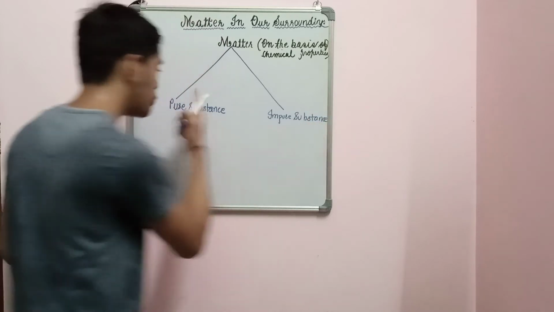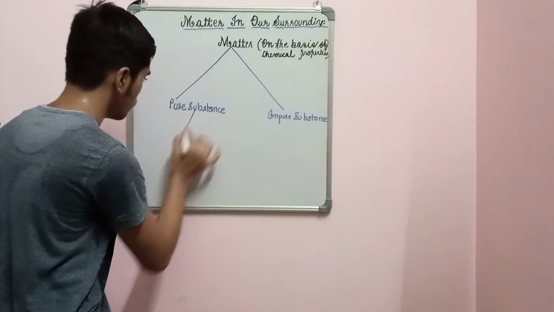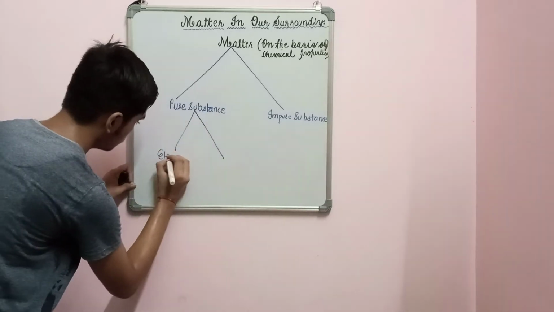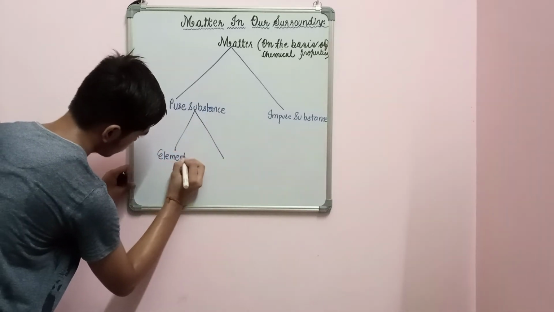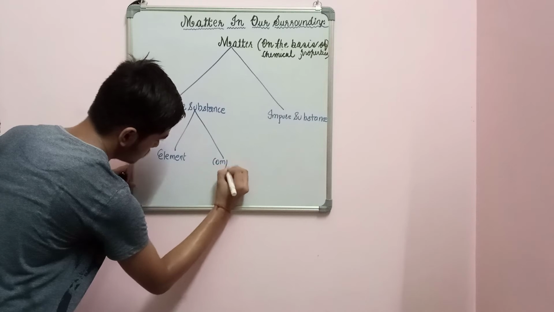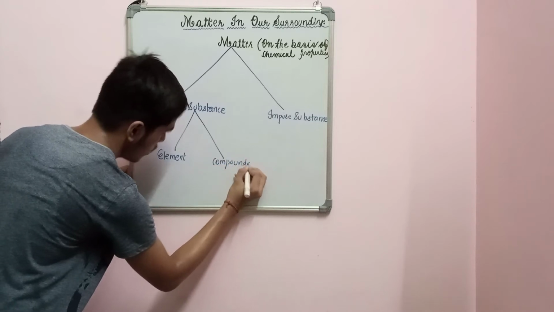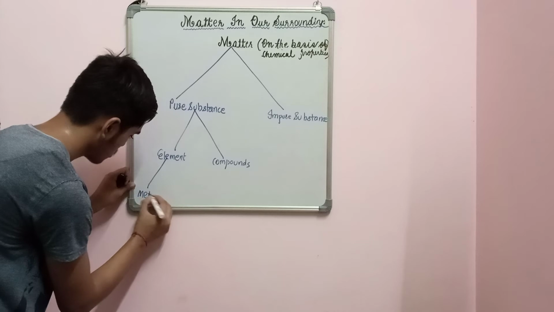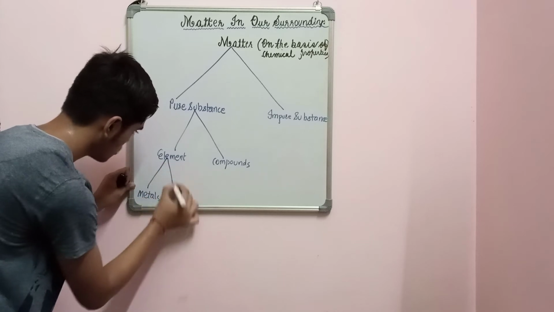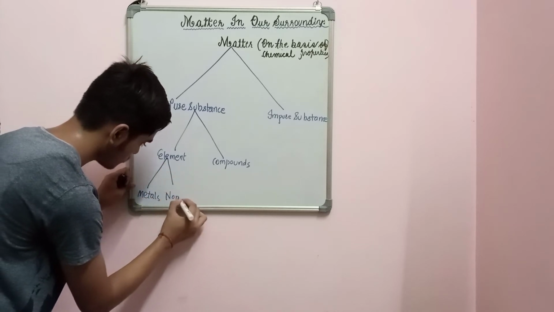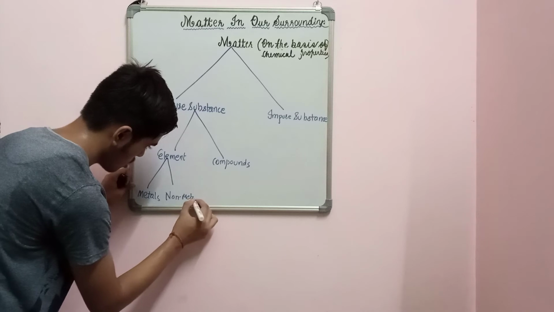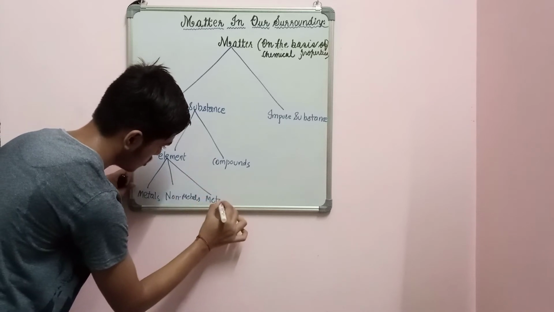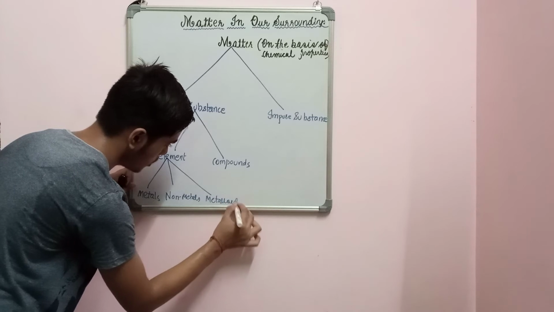This pure substance is further divided into, this you will read in chapter 2, but this is very important to know, element and compounds. These elements are further divided into metals, non-metals, and metalloids. What is metal? What is non-metal? What is metalloid?